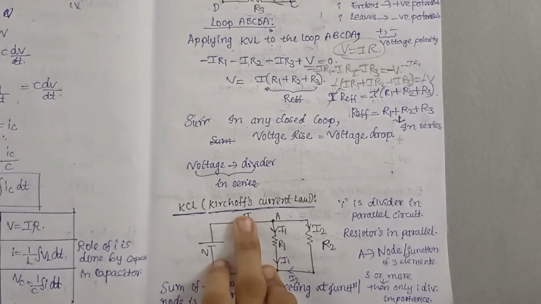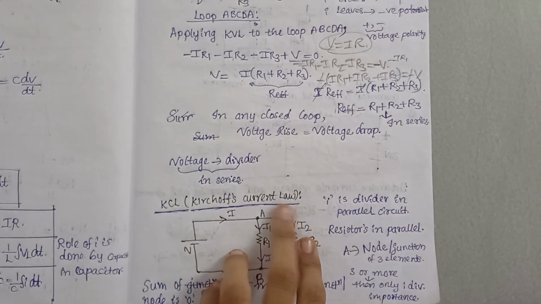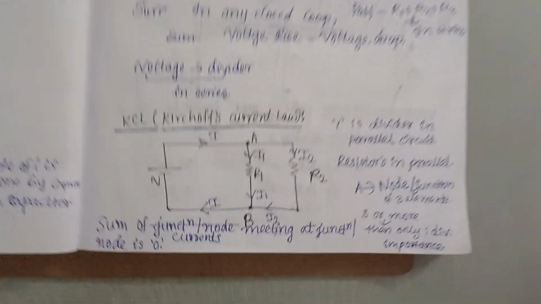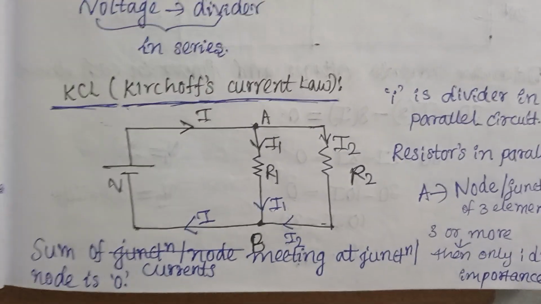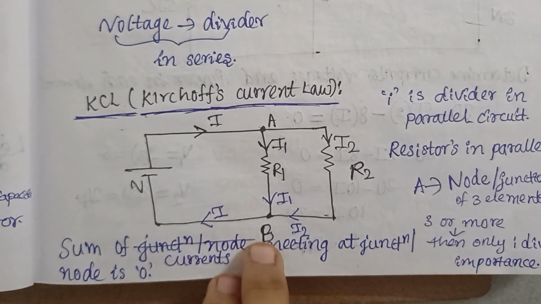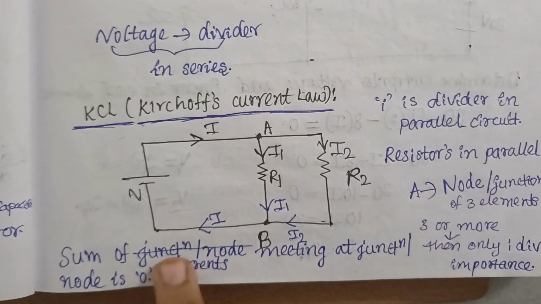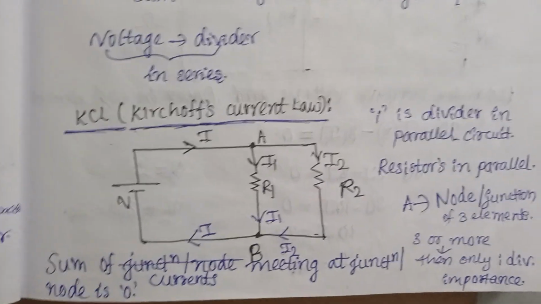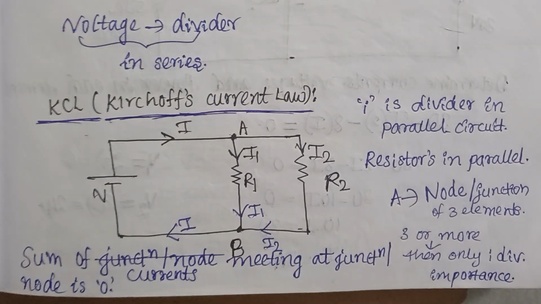So here KCL, which is nothing but Kirchhoff's current law. Here you have this circuit, right? This KCL is nothing but the sum of currents meeting at a junction or node is 0. Now you may get a doubt, what does this junction or node refer to?